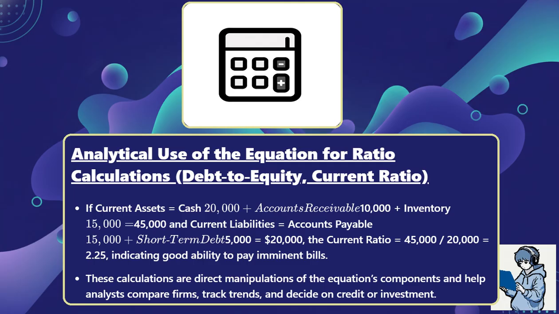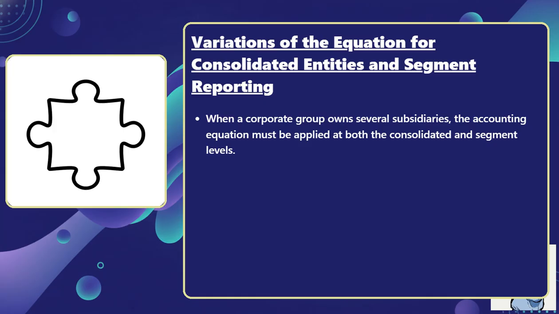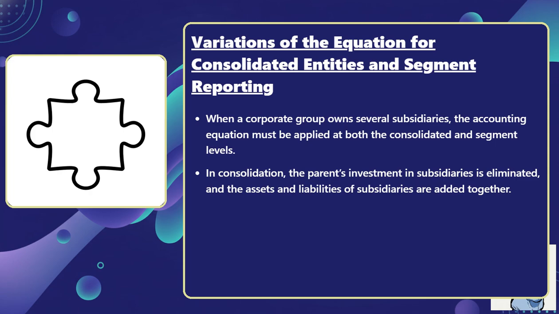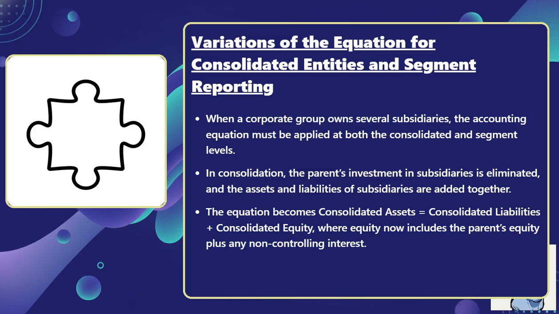When a corporate group owns several subsidiaries, the accounting equation must be applied at both the consolidated and segment levels. In consolidation, the parent's investment in subsidiaries is eliminated, and the assets and liabilities of subsidiaries are added together. The equation becomes consolidated assets equals consolidated liabilities plus consolidated equity, where equity now includes the parent's equity plus any non-controlling interest.